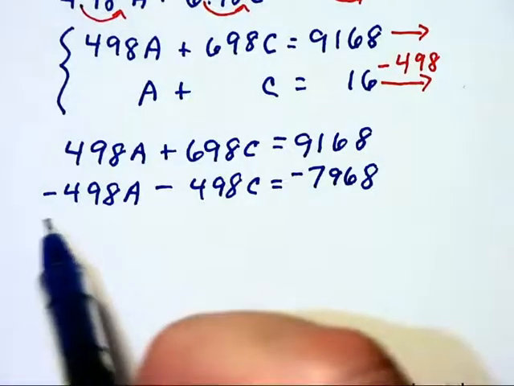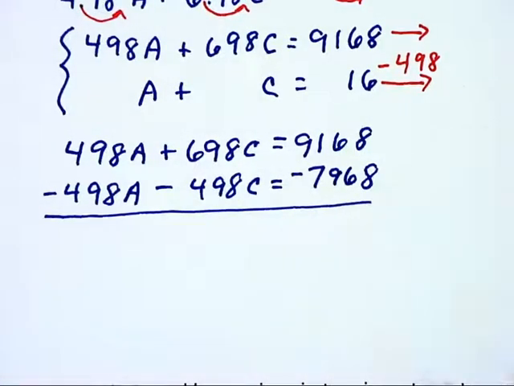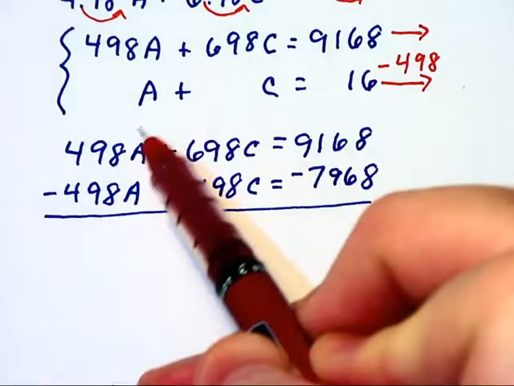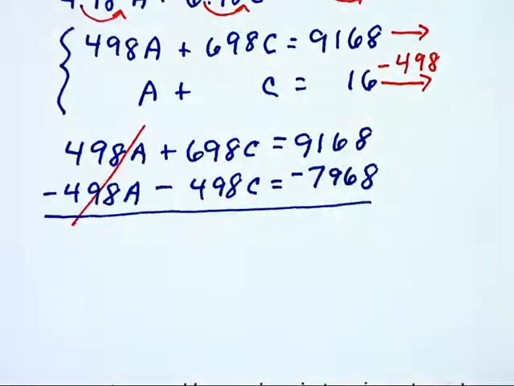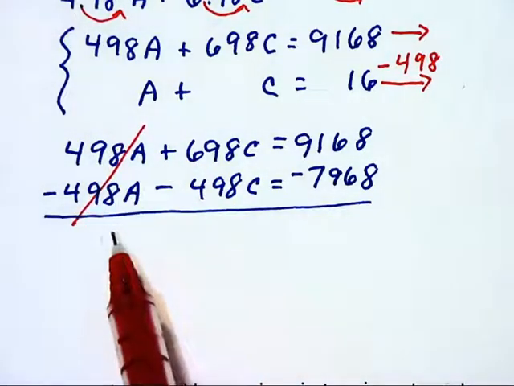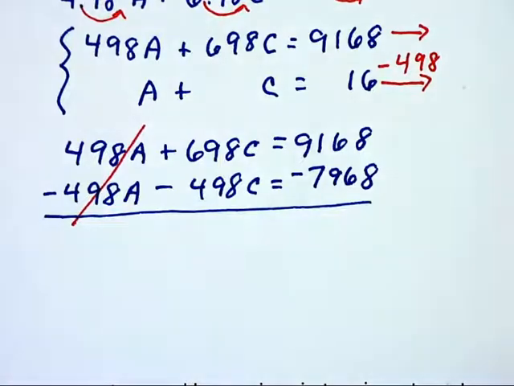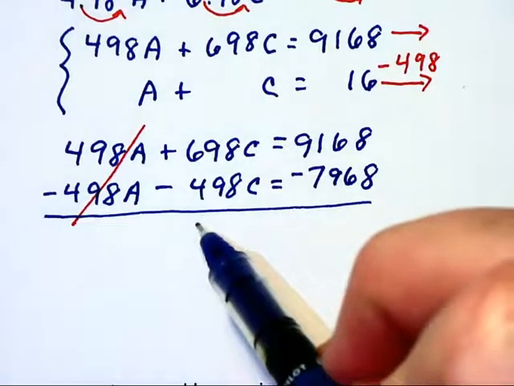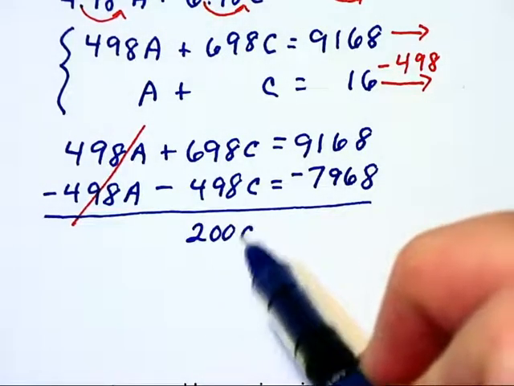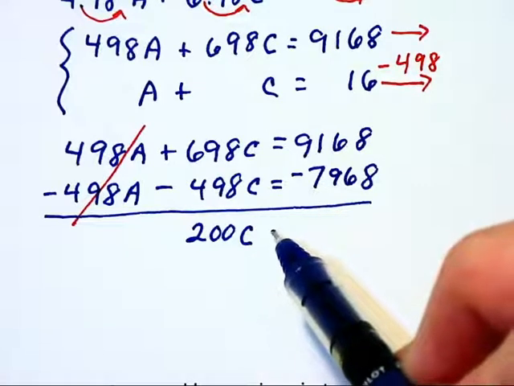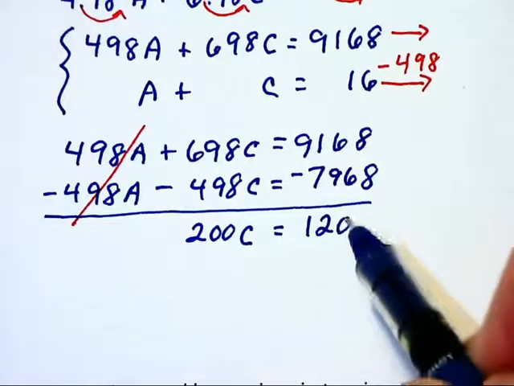What we're going to do now is add these two equations together because we've designed it so that we can eliminate the variable a. Those cancel each other out. And adding or subtracting down, we're going to have 200c is equal to 1,200.